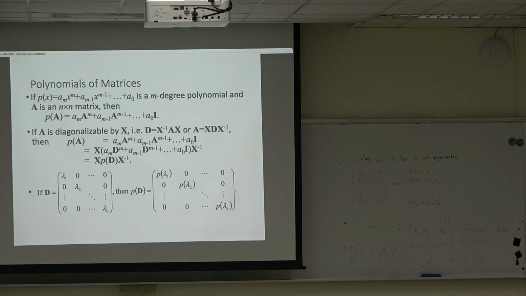With that in mind, P of A is going to be a_n A^n plus a_(n-1) A^(n-1) plus and so on, plus a_0 I.